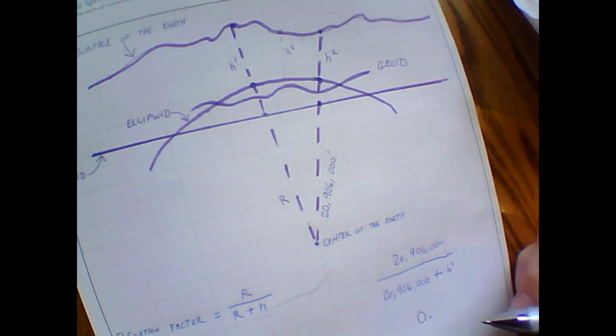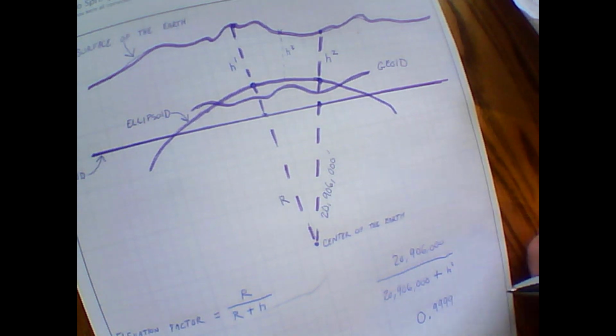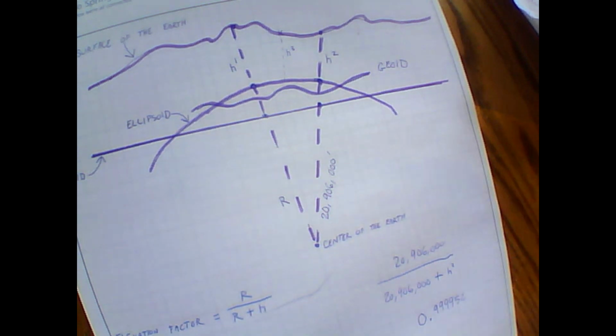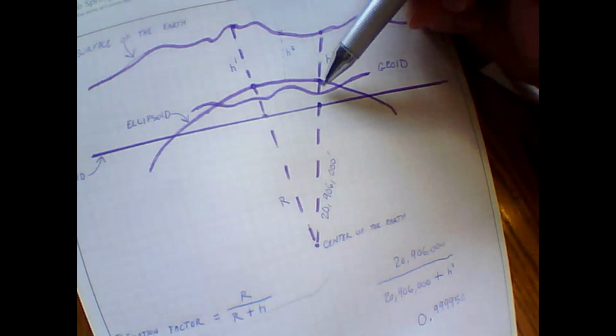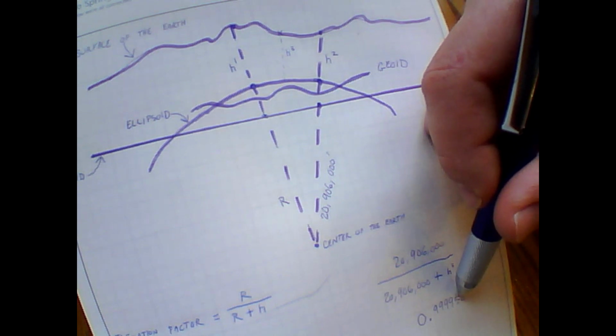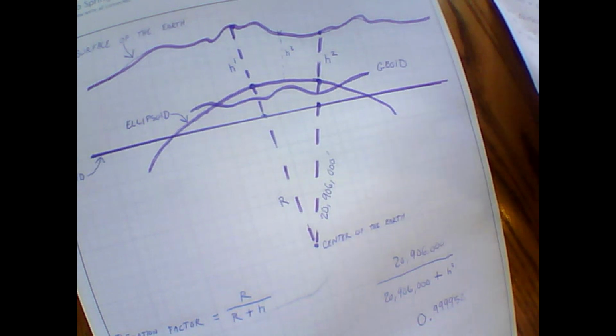I'm not going to do the math right now, but basically you're going to have less than 1. It's going to be like 0.99995, random. Don't worry about the actual math. Basically what I'm telling you is you're going to be less than 1. You're coming from up here with a longer distance, coming down here to a shorter distance. That is your elevation scale factor, the number you calculate from your averaged ellipsoid height of the project.